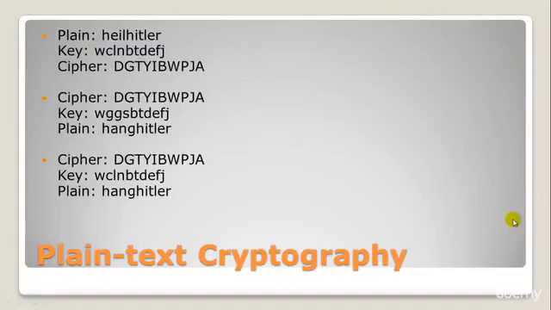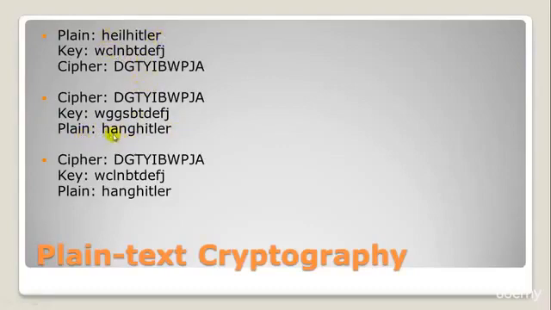To make it clearer, this is an example I will show you. This is how people used to send messages in the previous days. This was the plain text, and this was the key when it was decrypted. This was the exact cipher that came out when it was encrypted. Again, when this key was used, you can see that the key is different, and the plain text was exactly the opposite.